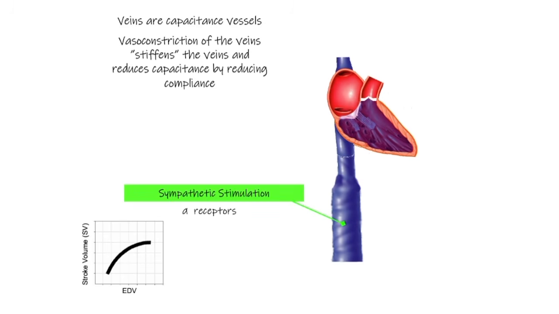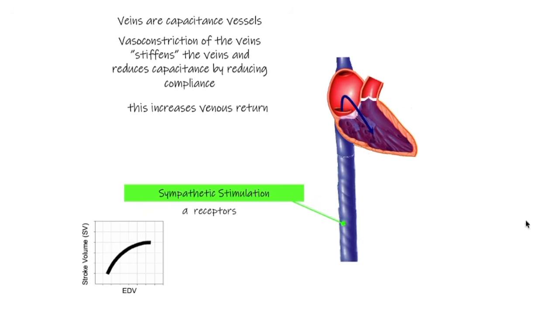This is achieved by sympathetically stimulating the veins, and they have alpha receptors. So when we activate these alpha receptors, it causes those walls to stiffen, it causes the veins to vasoconstrict, and when that occurs, the blood is returned to the heart.